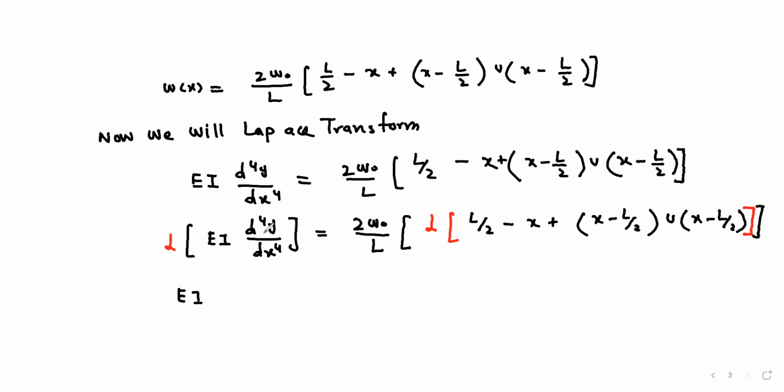The Laplace transform of the fourth derivative, if you don't know it, you can see our video in the same playlist on how we apply the Laplace transform of a derivative.